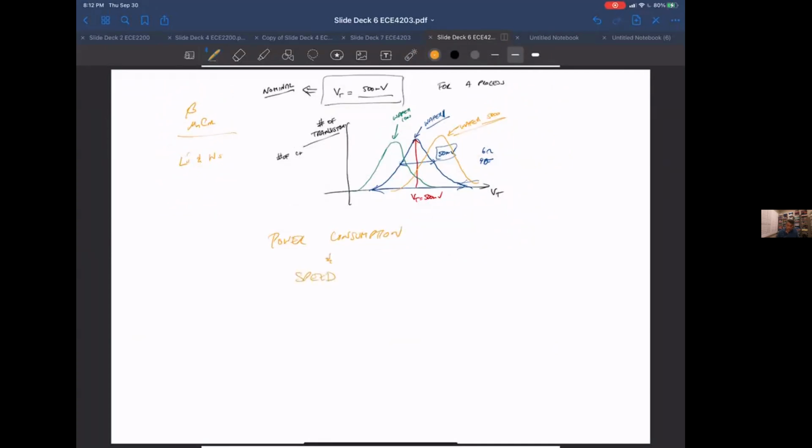And so the fab sums up all the variations that affect speed, for example, and sums it up in one set of variations.